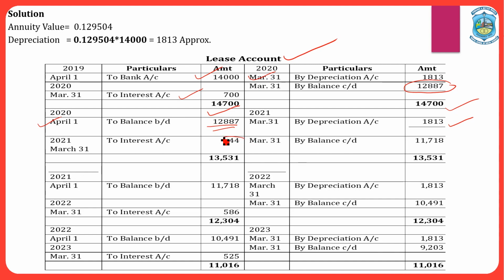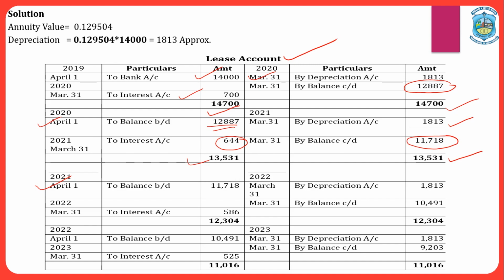The amount of interest is coming 644. The total of the debit side is coming 13,531. Higher total to be posted in the opposite side, and we need to calculate the balancing figure. The balancing figure for the second year is coming 11,718.